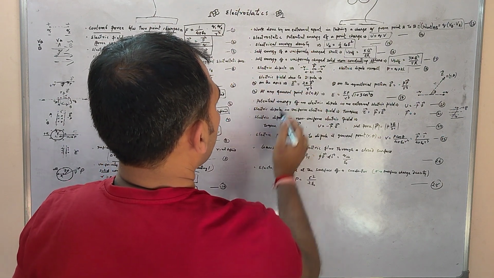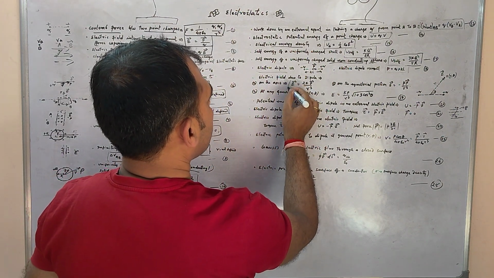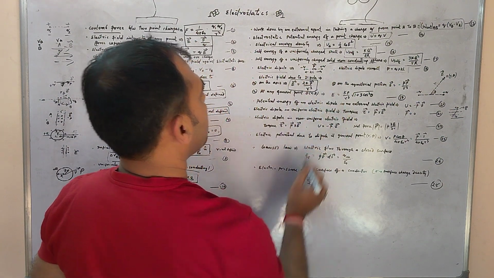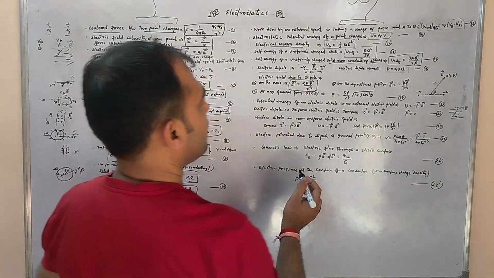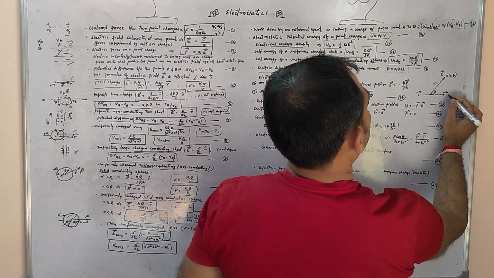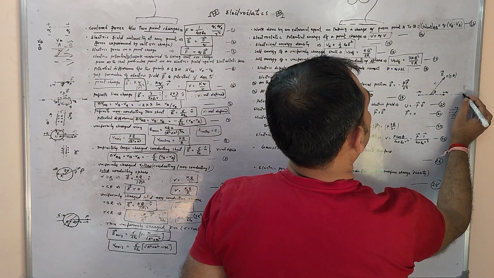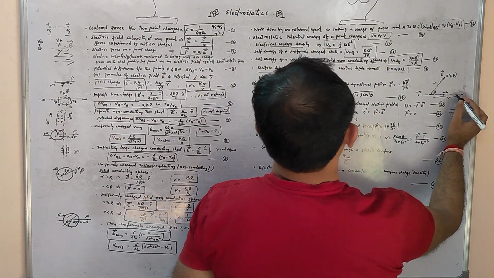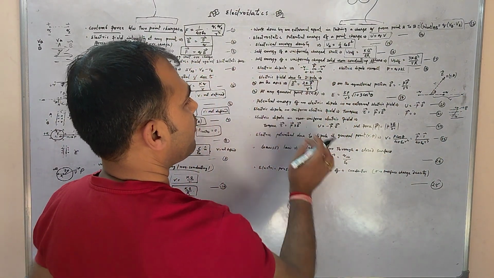Electric field due to dipole can be given by E equals 2kP by r cube on the axis. If here there is a point on the axis and this is the distance r, then this formula will be applicable.